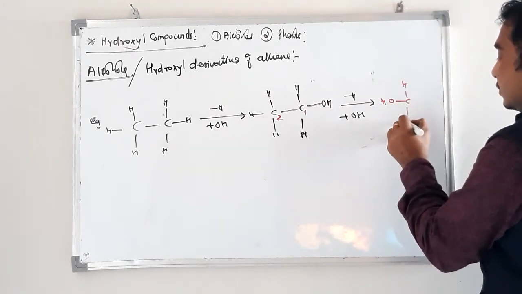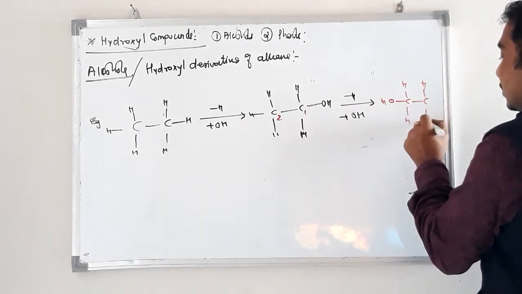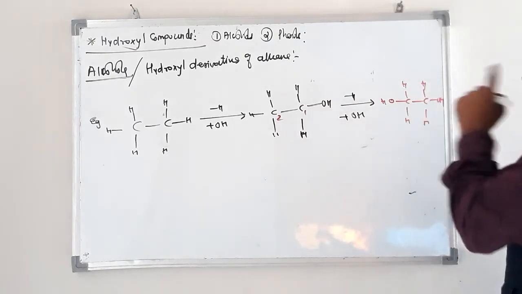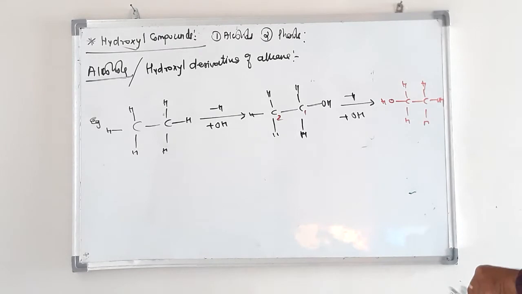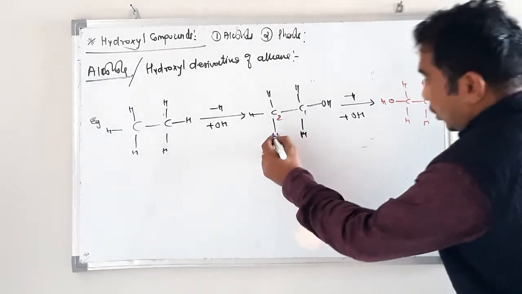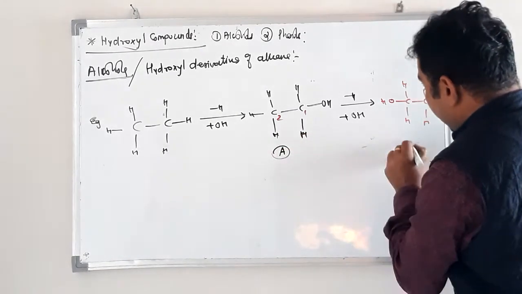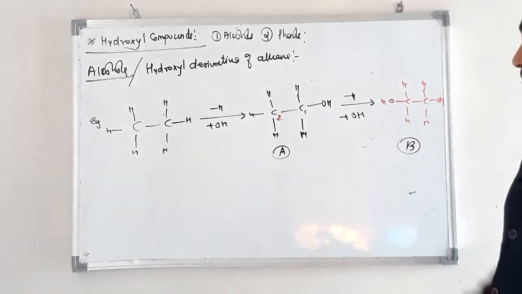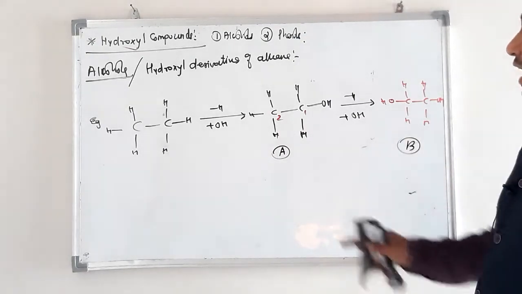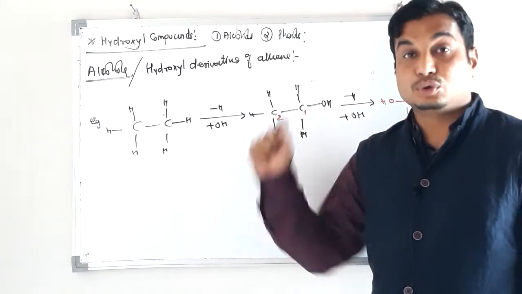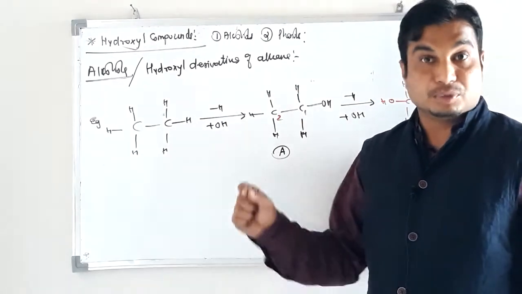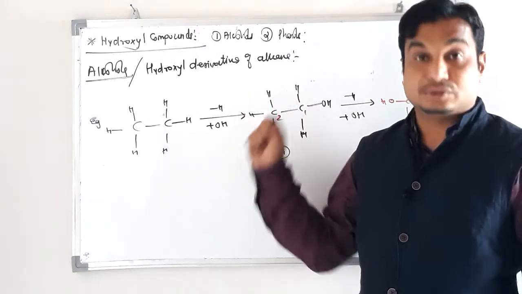Next replacement of hydrogen is not possible because there are only 2 carbons. So this is compound A and compound B, new compounds obtained by replacing hydrogen atoms by OH group, the hydroxyl group, and they are known as alcohols.